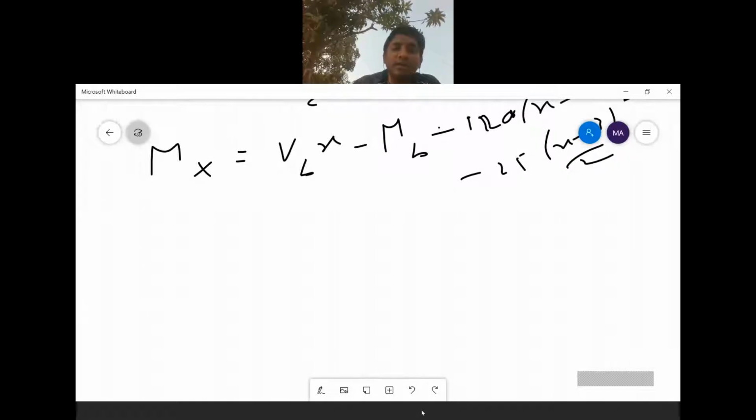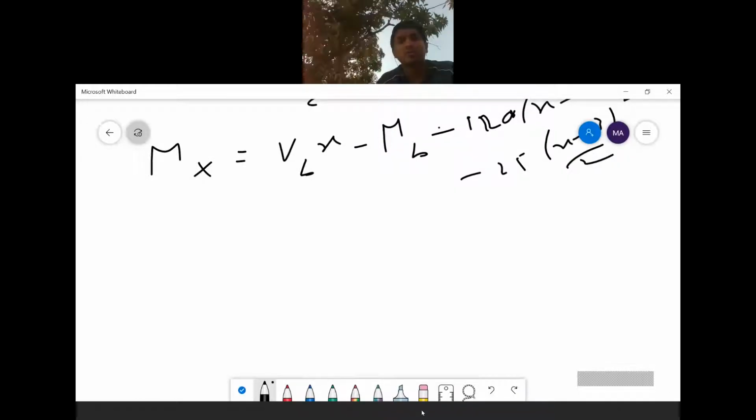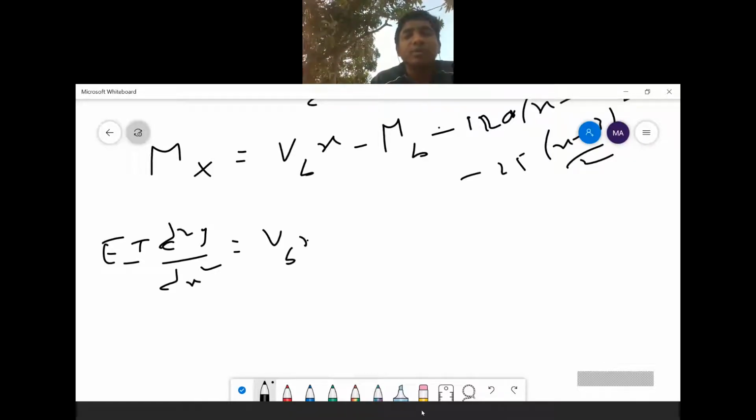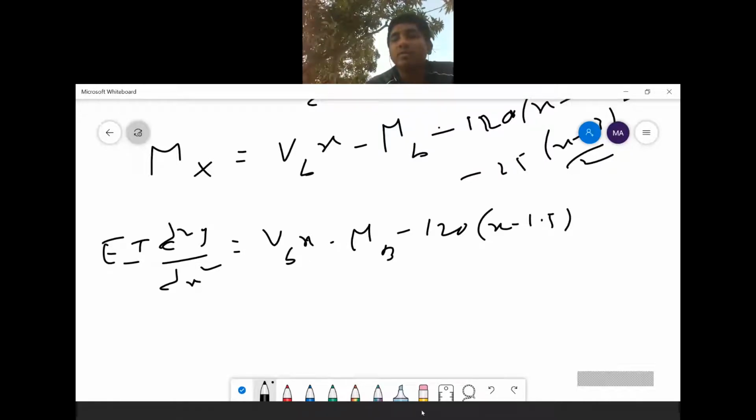Then we'll integrate on both sides. When you integrate it, here the equation is EI d square y by dx square is equal to Vb into x minus Mb minus 120 into x minus 1.5 minus 25 into x minus 3 whole square by 2. If you integrate it, what happens?